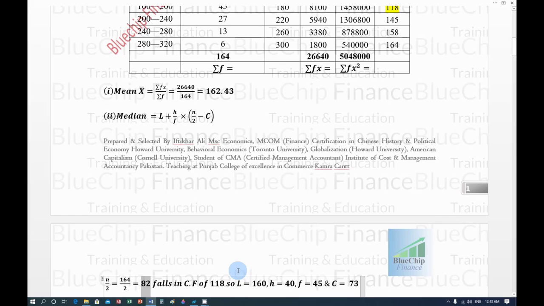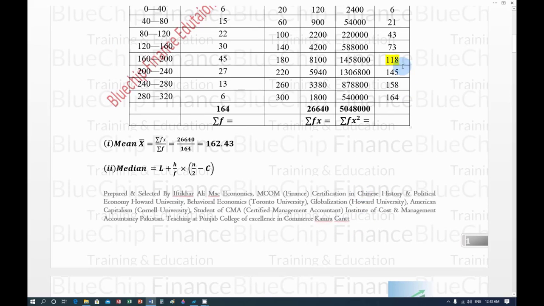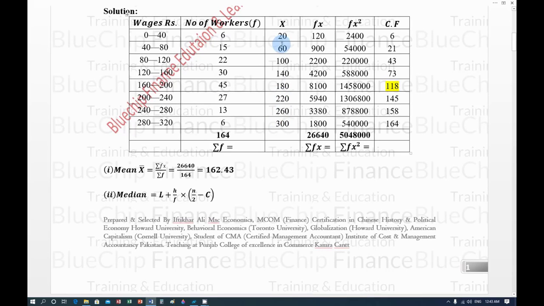So 82 falls in the cumulative frequency of 118. In front of this cumulative frequency your lower class boundary is 160, your f is 45, and h is the difference of x values, and the difference is 40.